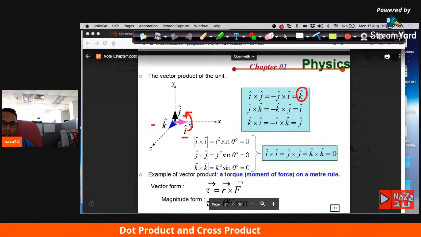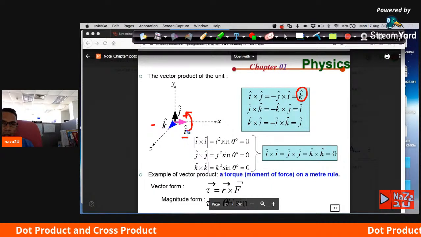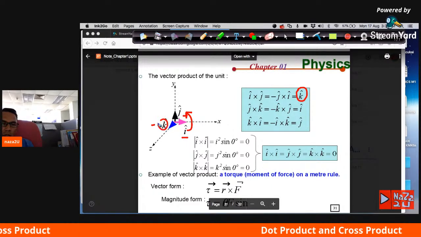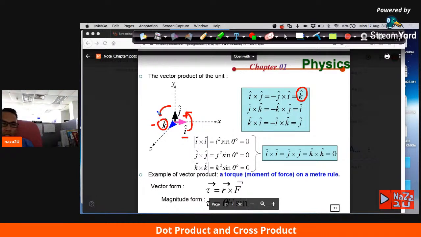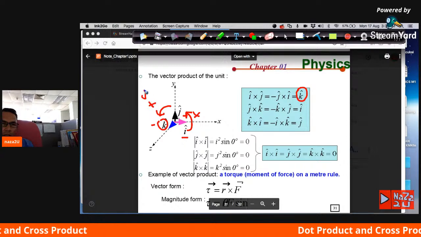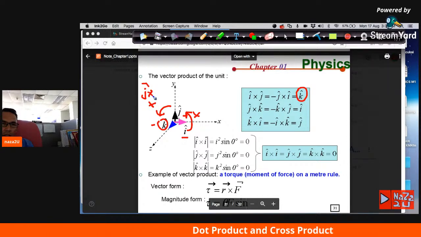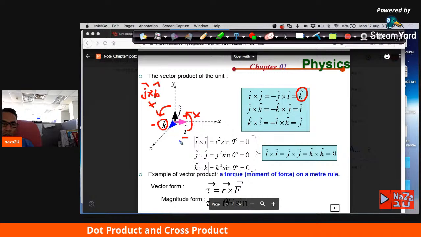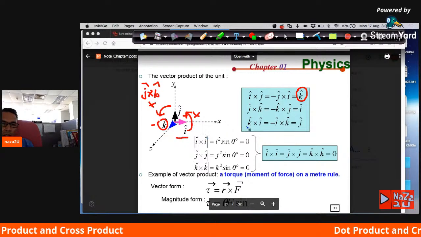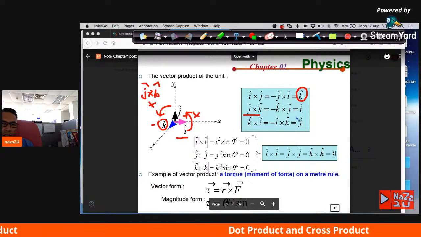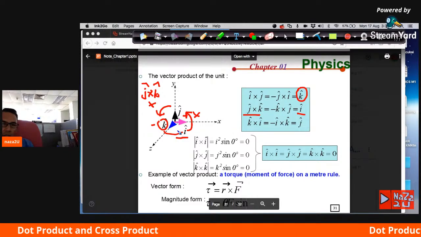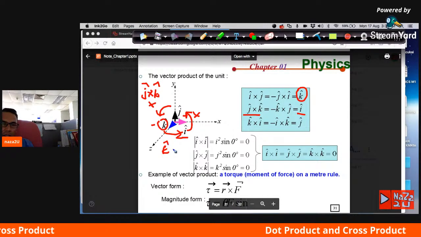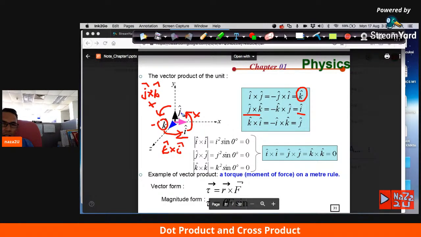Start anti-clockwise: I cross J is equal to K, J cross K is equal to I, and K cross I is equal to J, right?